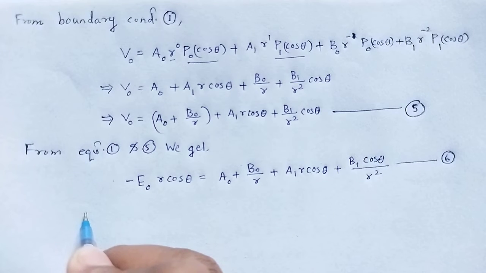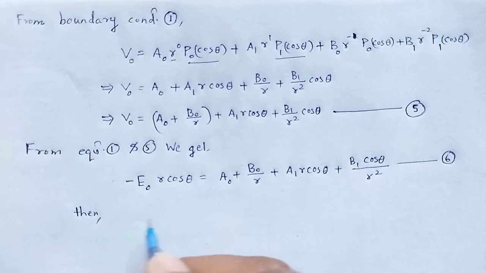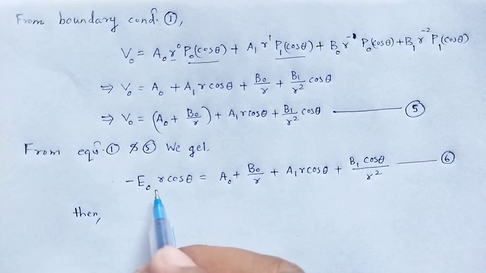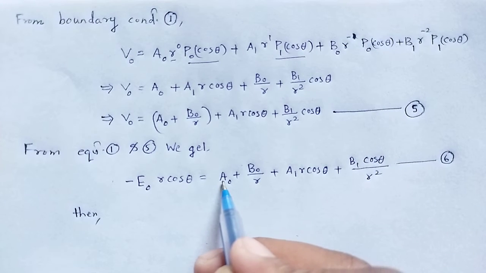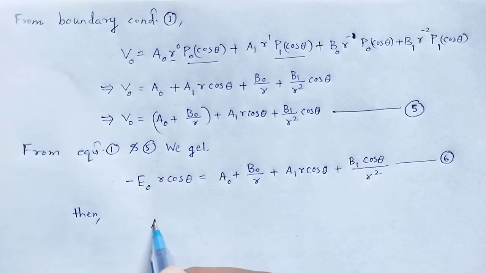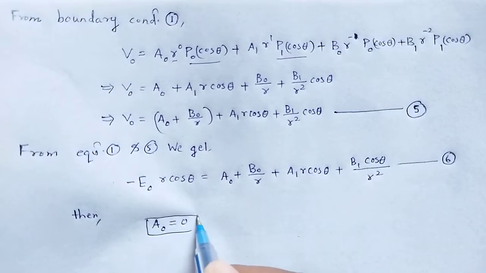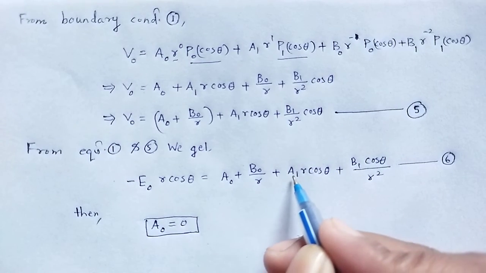Then comparing the coefficients, there is no term containing A naught, that means A naught is equal to 0. Again, what should be the value of A1?